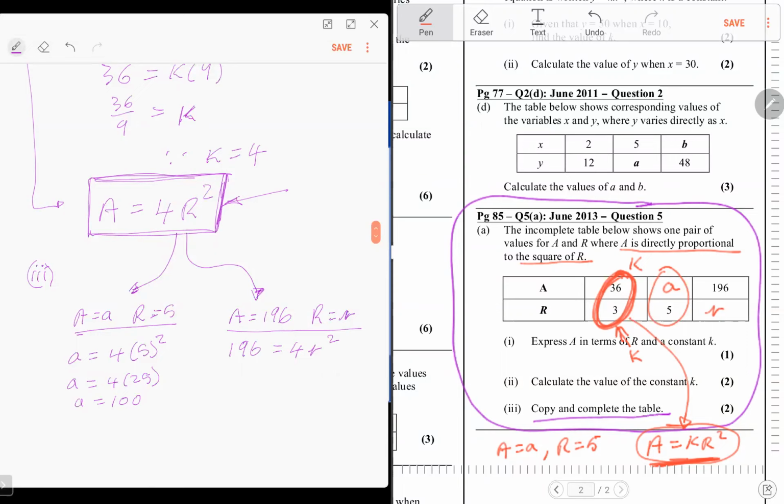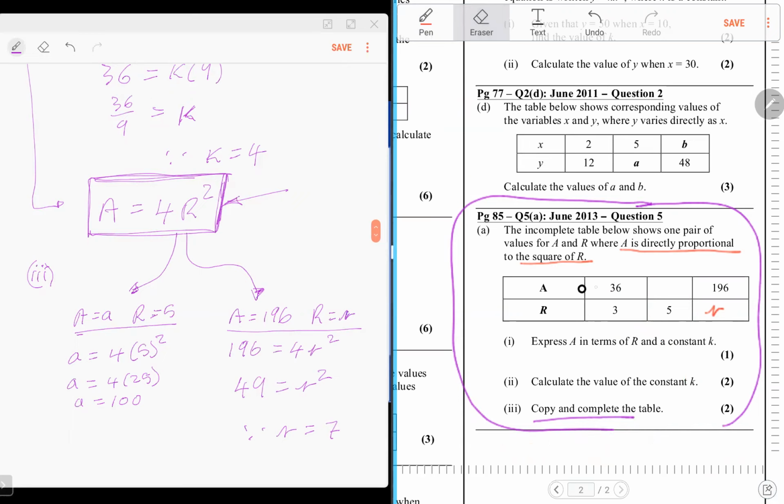So now I divide by this 4. This becomes 49 equals R squared. And everybody knows that 7 squared is 49, so you can say therefore R equals 7. So in my table over here, let me erase all of this again.